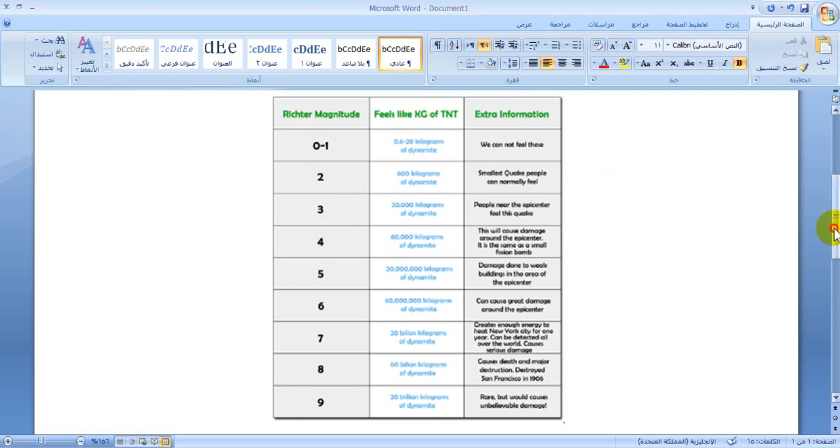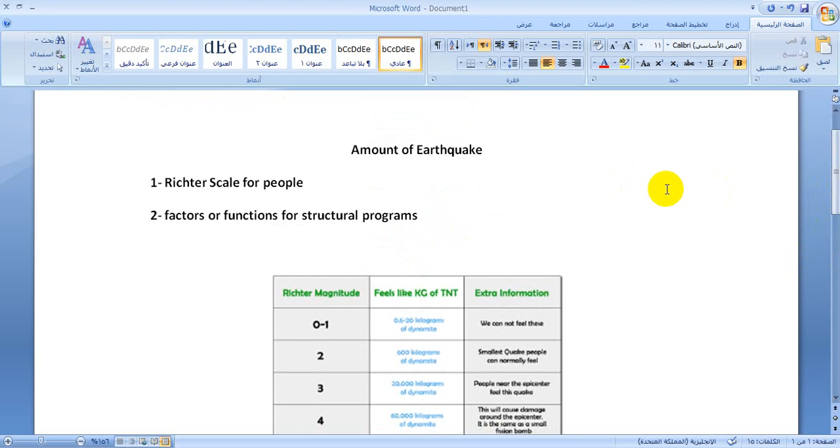So here, for expressing the amount of earthquake, there are two sides. One we can express using the Richter scale, and for people it is oftentimes this scale. But for structural programs, we usually use factors or functions.